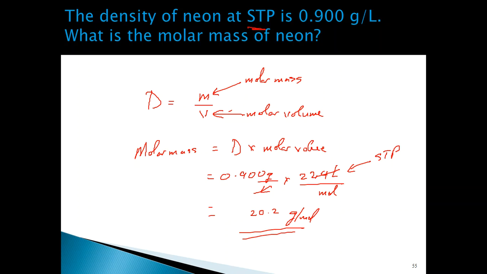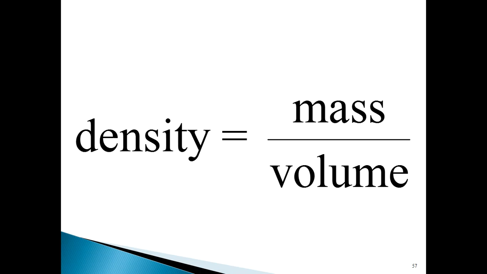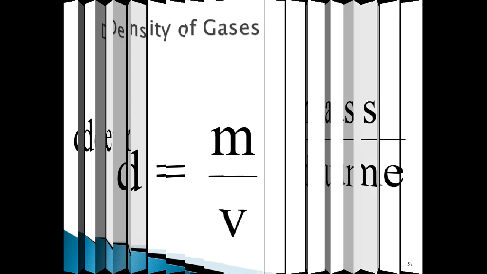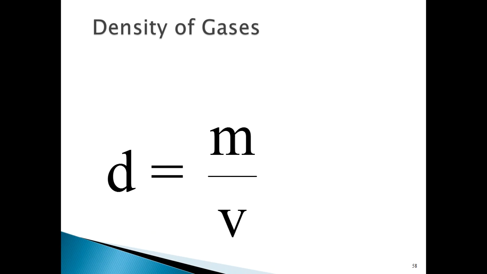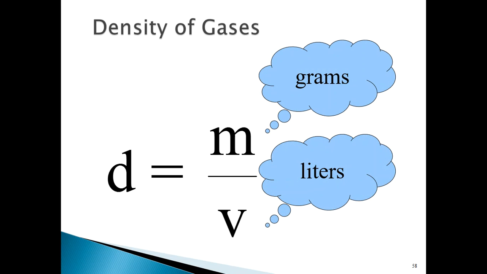Okay, so that's that. All right, now let's talk about densities of gas. We all know what density is. Density is, by definition, mass over volume, which is what we stated in the example we just did. When it comes to gases, we typically express the mass in grams when calculating the density, but the volume is typically expressed in liters.